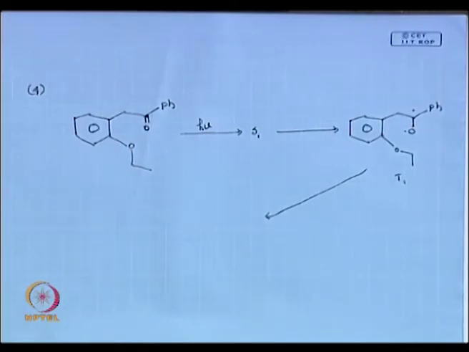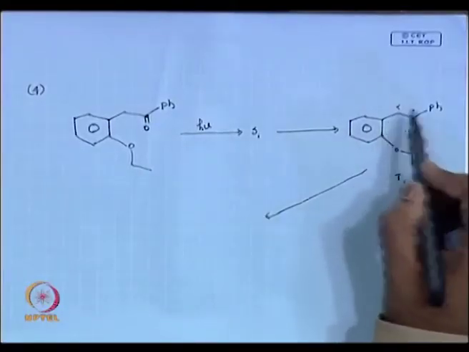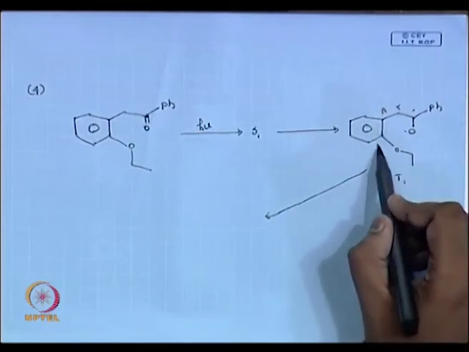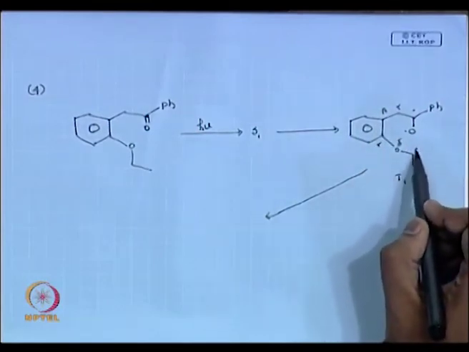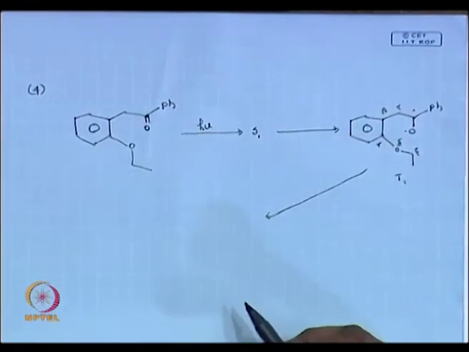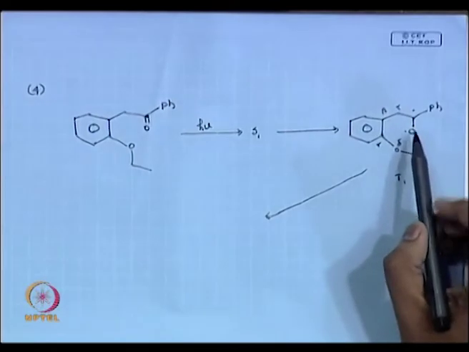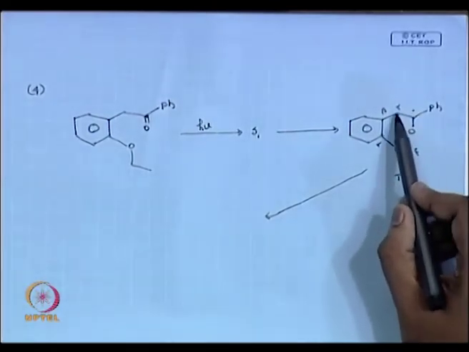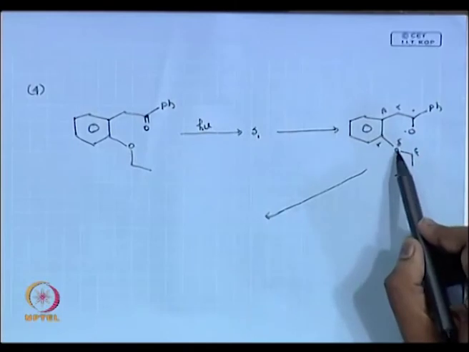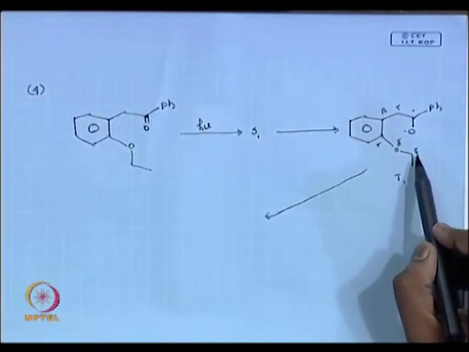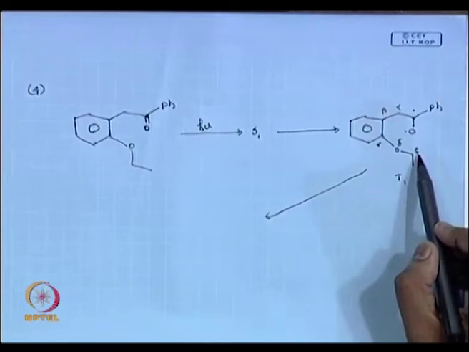What do you get? Where can you think hydrogen abstraction can happen? Next to oxygen. So, it is alpha, beta, gamma, delta, and you can call it epsilon, right. The other way around, you can also number it 1, 2, 3, 4, 5, 6, 7. You can call it 1,7 hydrogen abstraction.